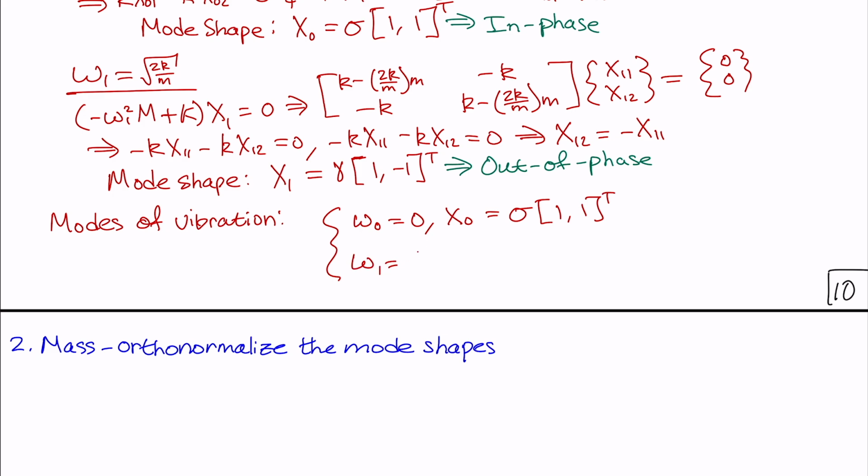Omega 1 equal to square root 2k over m. x1 equal to gamma 1, minus 1 transpose. And that is the set of modes of vibration or normal modes for this system.